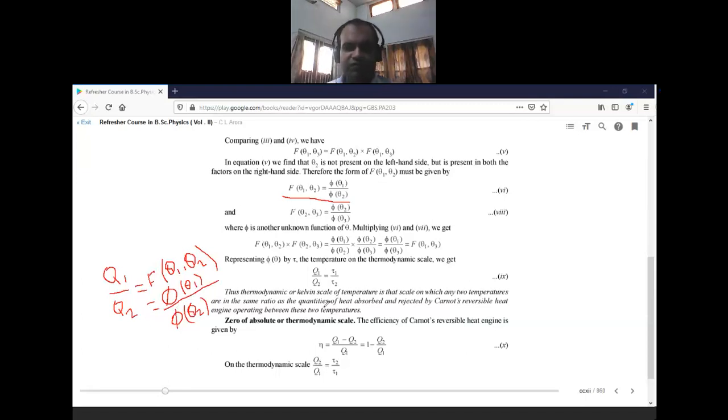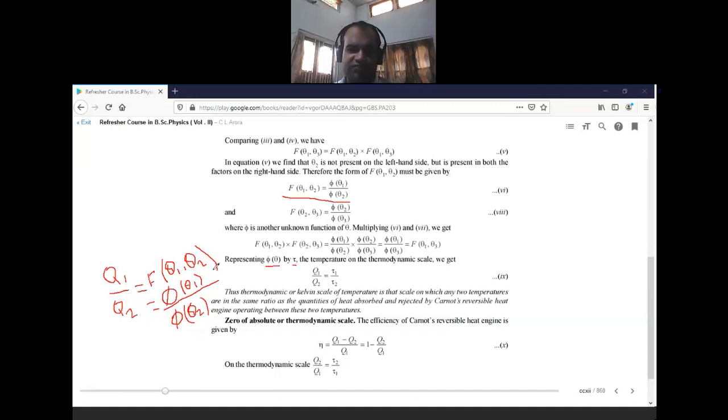So you have understood, Q1 by Q2 is phi theta 1 by phi theta 2. But now here we are replacing this phi theta with a quantity tau. So phi theta is tau.